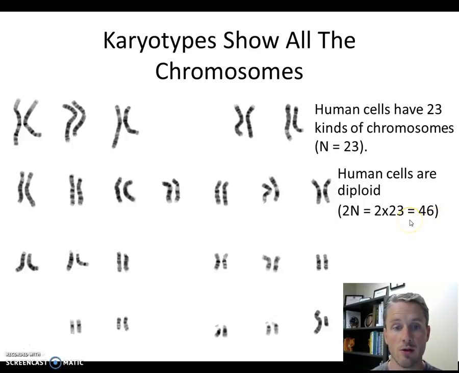And if you count all the chromosomes in this karyotype, you will count 46. Again, 23 pairs of 2. So there's 2 of chromosome 1, 2 of chromosome 2, etc. So 46 chromosomes total in human cells. Again, we learned that by looking at karyotypes. That's how we could determine the N number and that our cells were diploid. And now we can use that information when we talk about human biology.